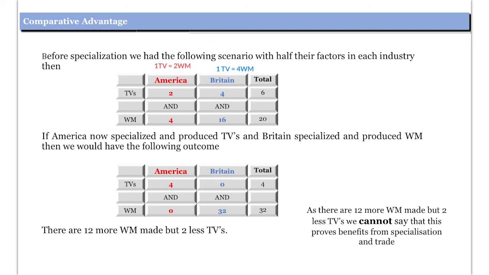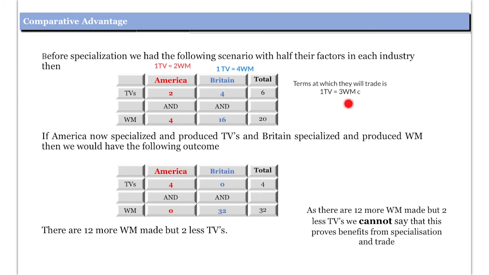So, for example, a ratio at which they would trade is 1 to 3. In other words, America would give up a television and very nicely get 3 washing machines, better than internally, but Britain would want to give up 3 washing machines in order to get that television, but they're not going to give up more than that because they can give up 4 internally to get their television.